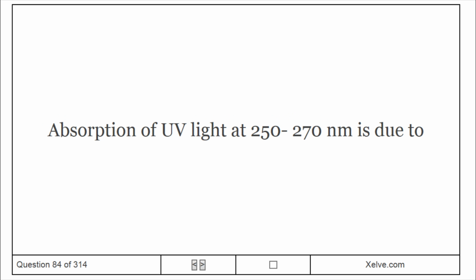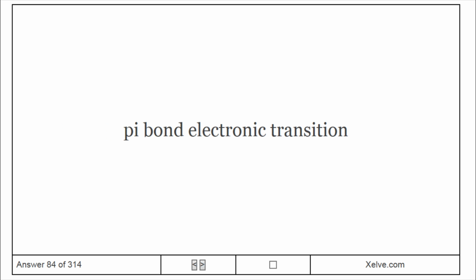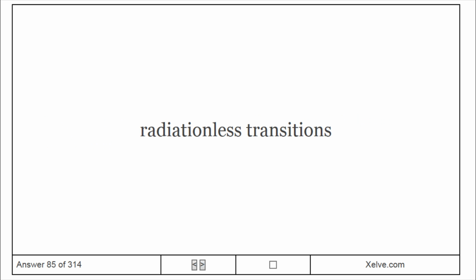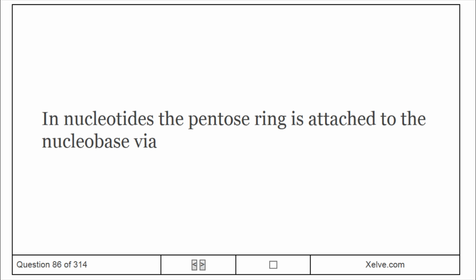Absorption of UV light at 250 to 270 nanometers is due to pi bond electronic transition. Excited states of common nucleobases decay rapidly via radiationless transitions.